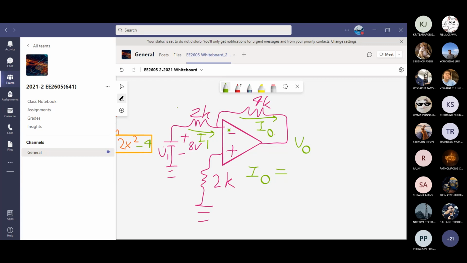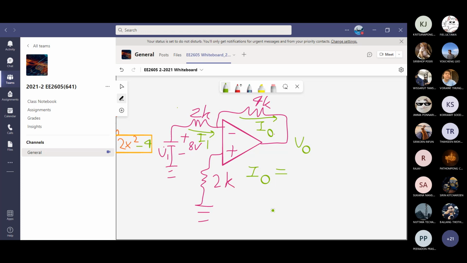V1 minus V minus divided by 2K. And V minus has to equal V plus. What is I1? I got 4 milliamp.